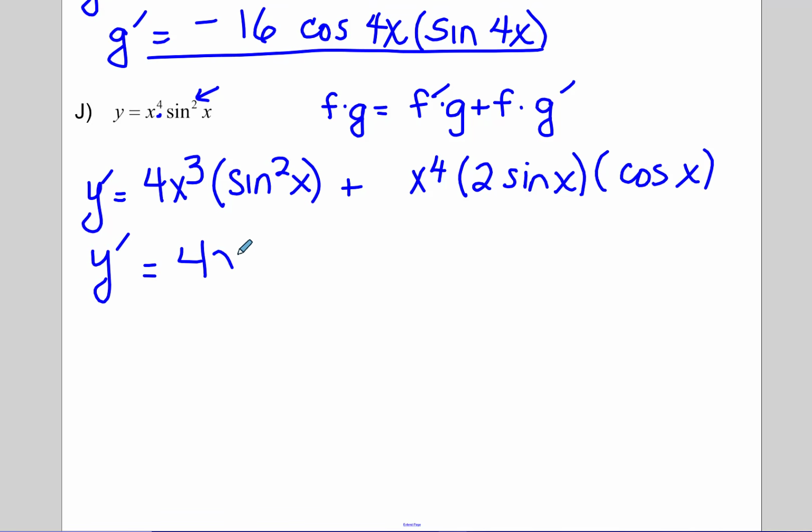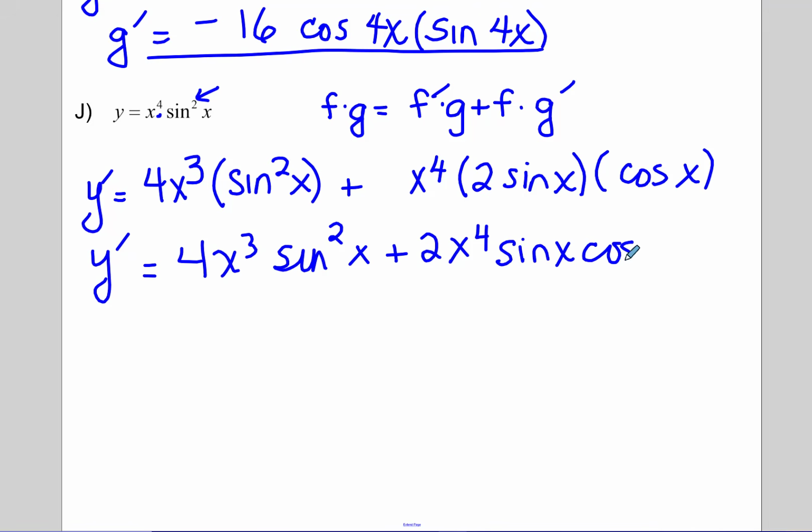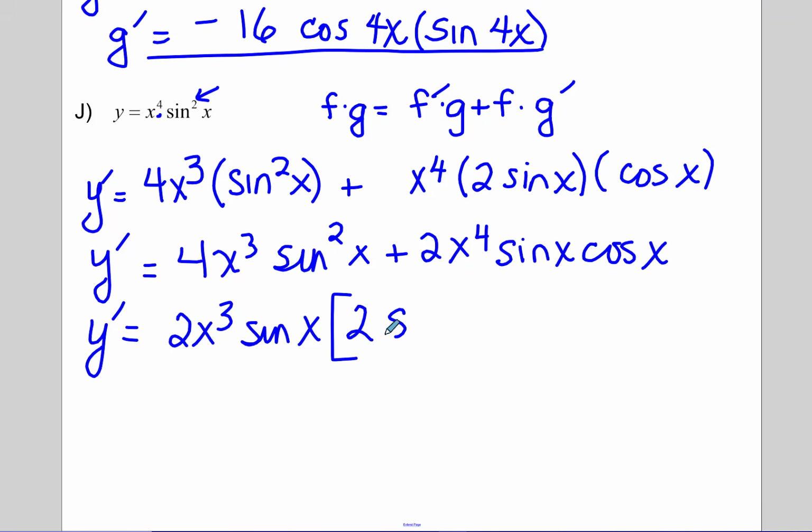How about 4x cubed sine squared x, and then we could put 2x to the 4th sine x cosine x. Now, you may want to stop there, or if your teacher wants you to factor some more, we could factor out a 2x cubed sine x and leave inside 2 sine x plus an extra x cosine x.